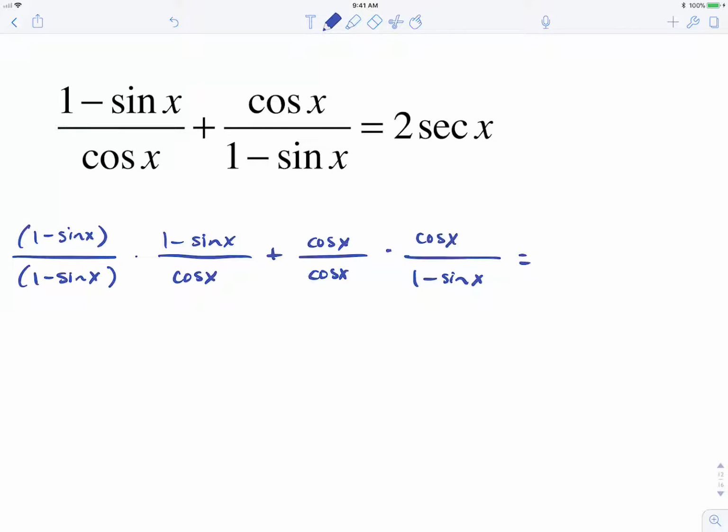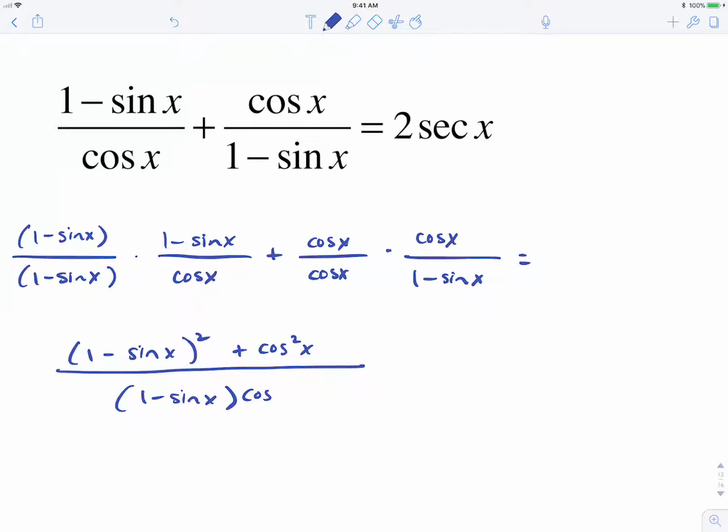Okay, so that'll give us in the numerator the quantity 1 minus sine squared, plus cosine squared, over 1 minus sine times cosine.